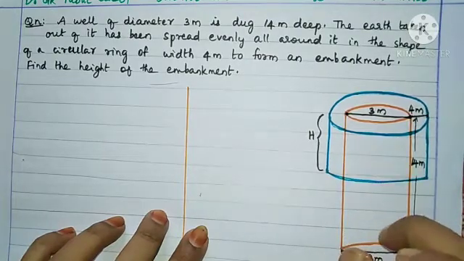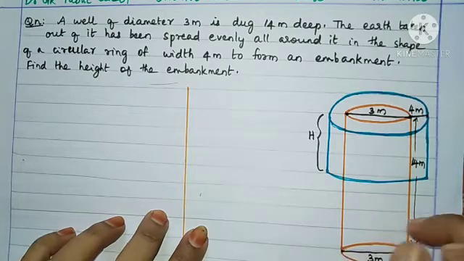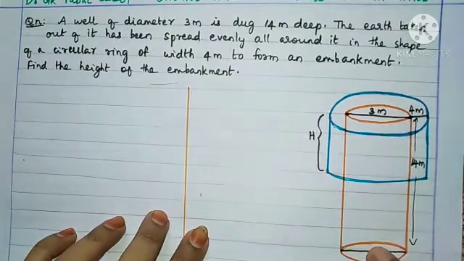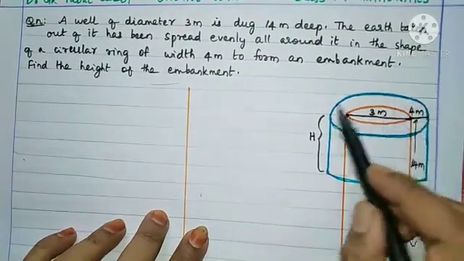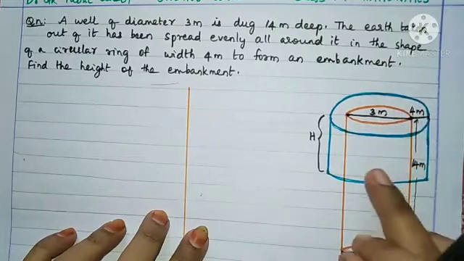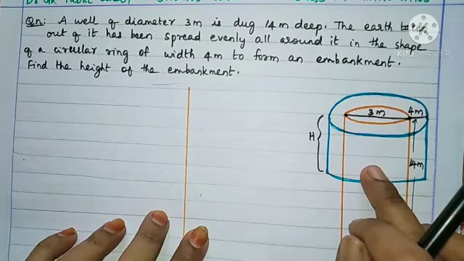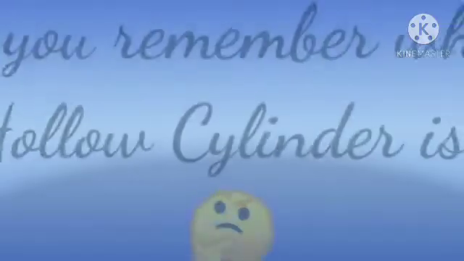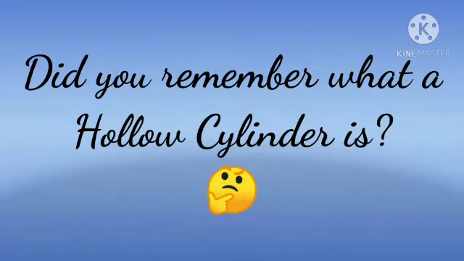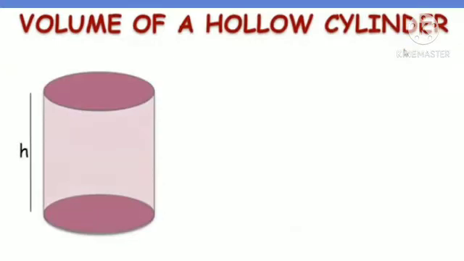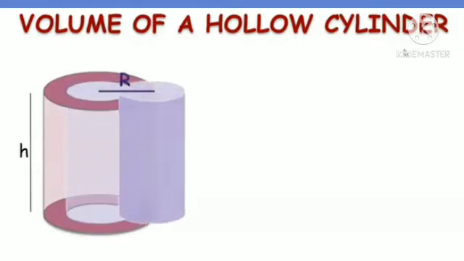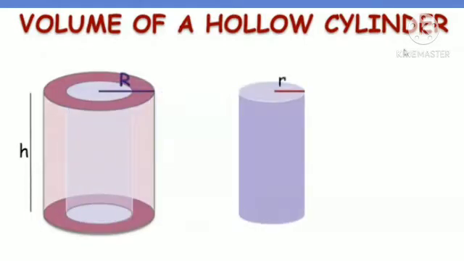Both are equal. Understood? Here the well is in the form of a cylinder, and the embankment, because it has two circles in a circular ring formation, is in the form of a hollow cylinder. You know what a hollow cylinder is? You remember how to find the volume of a hollow cylinder? There is a cylinder with height h and radius capital R. Inside it there is another cylinder of a smaller radius and the same height h.